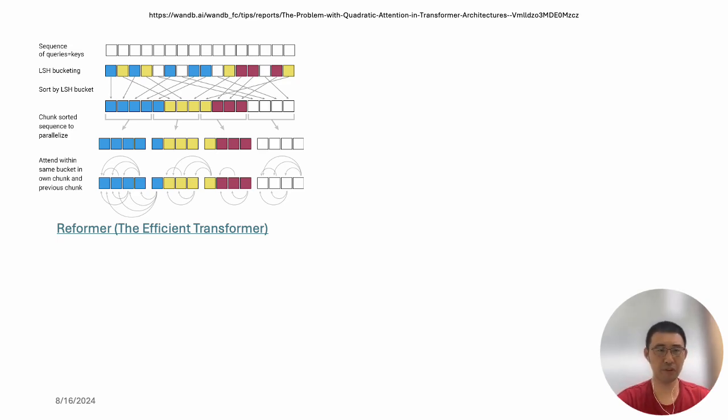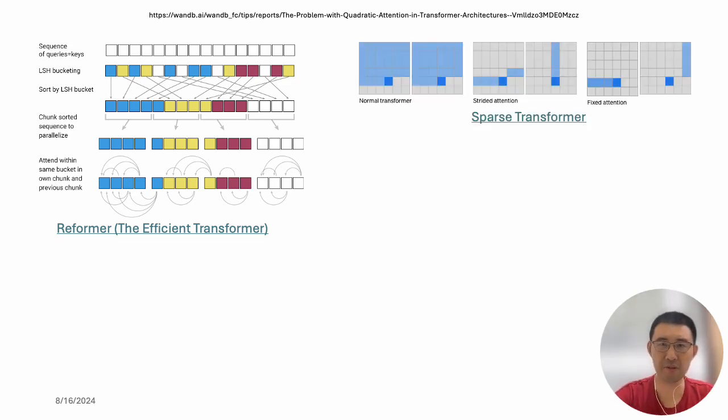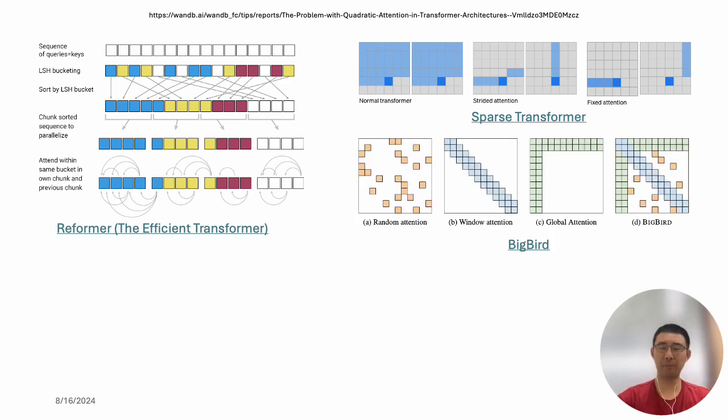Here's the Reformer neural network architecture. They have this locality sensitive hashing method. So we constrain where we're looking when we're doing the attention, in a sense, and therefore it's more efficient. There is a Sparse Transformer by OpenAI. They also constrained how many other tokens the token is going to look at in doing the attention, and therefore made it cheaper. There's this BigBird by Google.